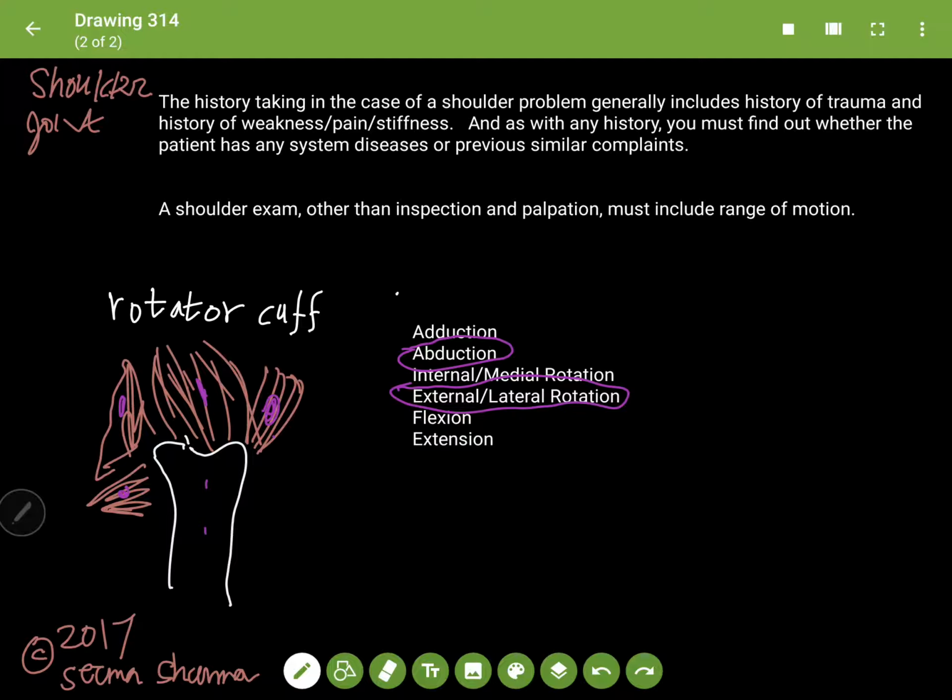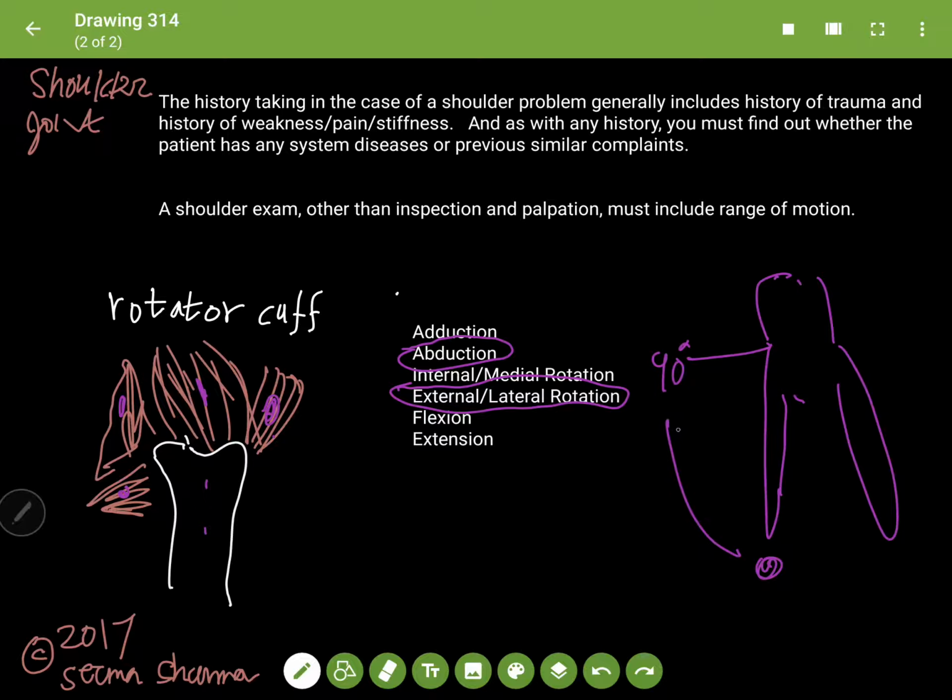When we talk about abduction, just for a recall, this is a patient. That's the patient's arms, and they're moving. This is 0 degrees, and this is right at their shoulder, 90 degrees. So they're abducting out this way, and you actually can isolate muscle action.